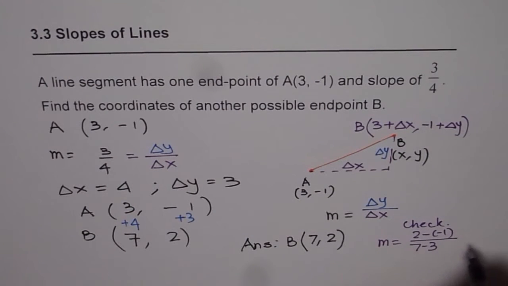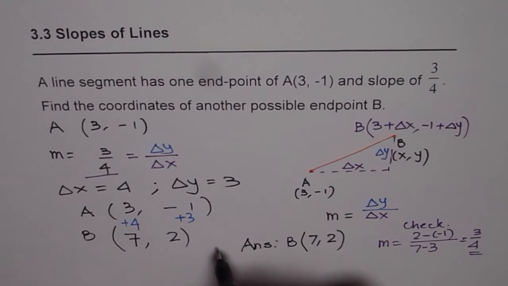Now 2 minus -1 is 3 and 7 minus 3 is 4. Do you get the same answer? Yes, you do. So that confirms that our logic of getting point B is correct.